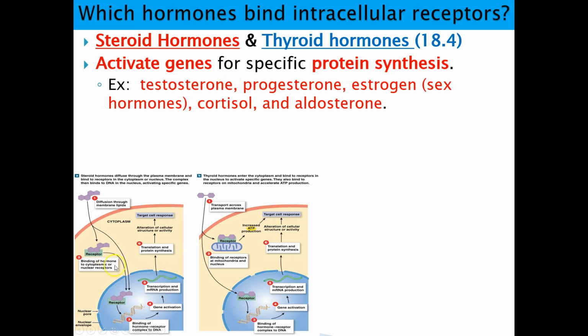All right, so notice binding to a receptor, gets brought inside, activates DNA and causes gene activation, which leads to the production of a protein. So that's literally what steroid hormones do. They bind to a receptor and they start protein synthesis inside that specific cell. That's what you need to know. You need to know steroid hormones bind intracellular receptors, and when they bind the intracellular receptor, it leads to protein synthesis or gene activation, however you want to phrase it, but that is the main point for steroid hormones.